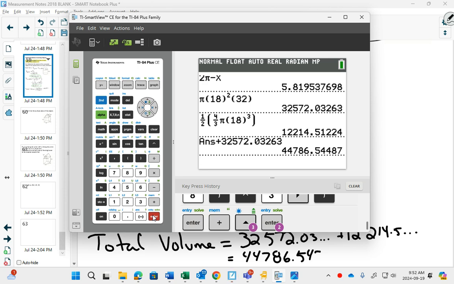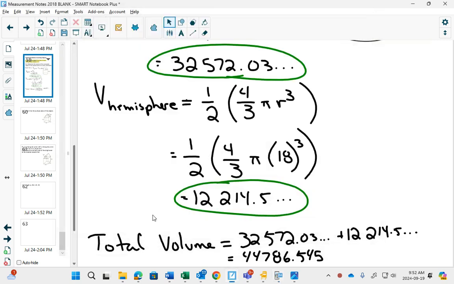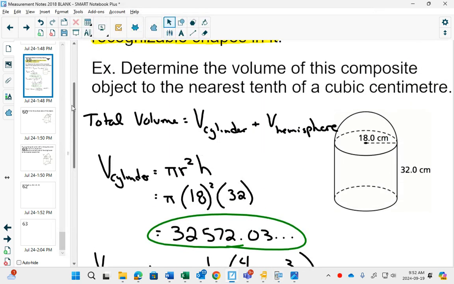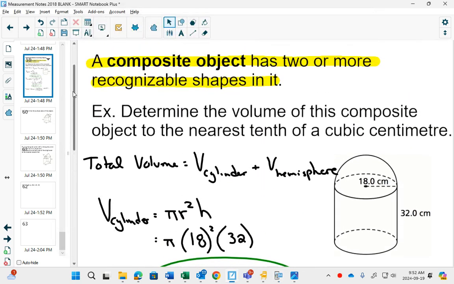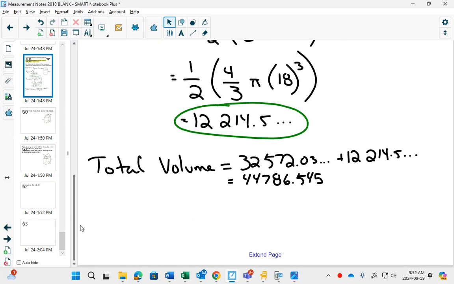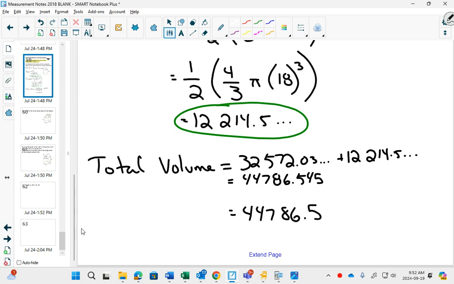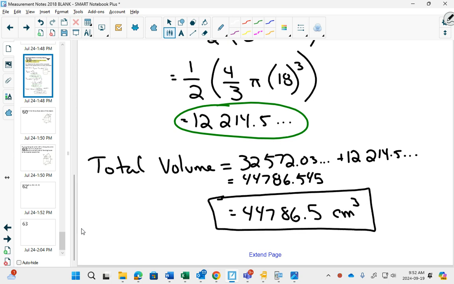I'm going to round to 3 decimal places to start, and then I'm going to reread my question and see what they want me to round to: the nearest tenth of a cubic centimeter. Include my units, put a box around my final answer.